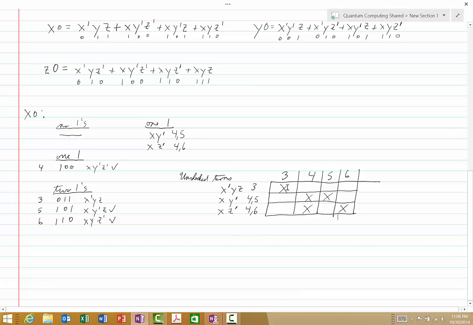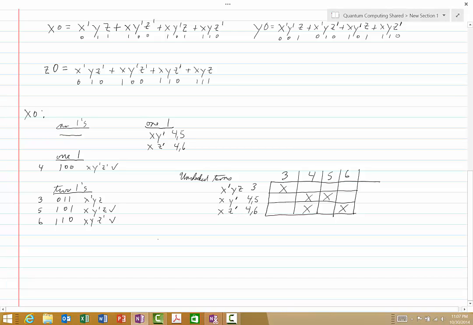Well, the X in column 3 tells you that the first term must be included, because this is the only X in that column, so we must include the corresponding term. And the X in column 5 tells you, again, it is the only X in that column, so we must include the second row term. And finally, this X in column 6 also stands alone, so we must include this third term.